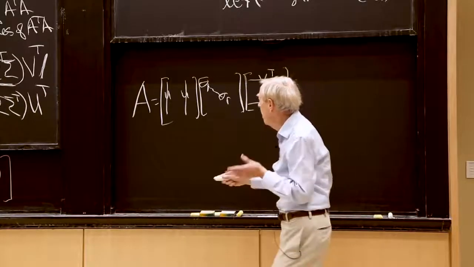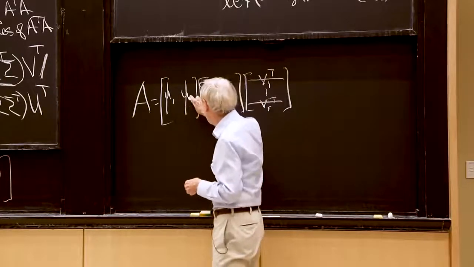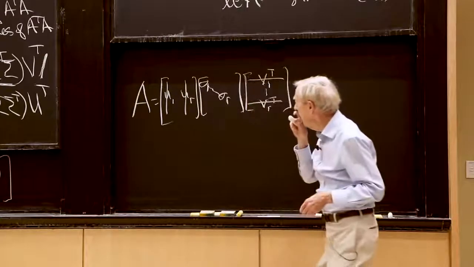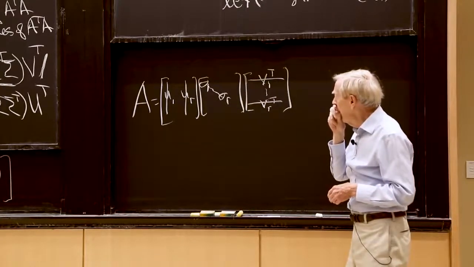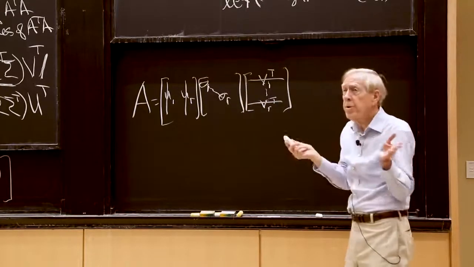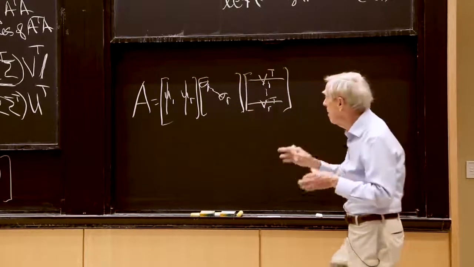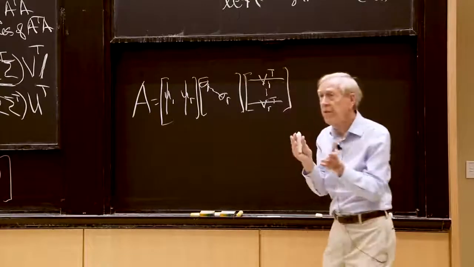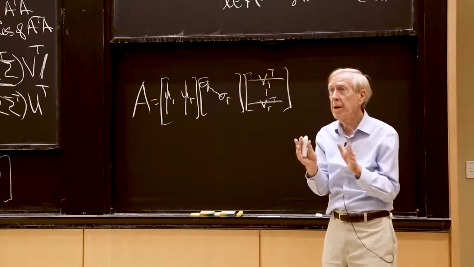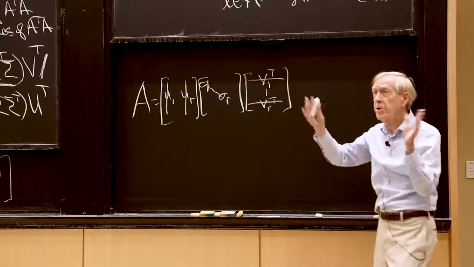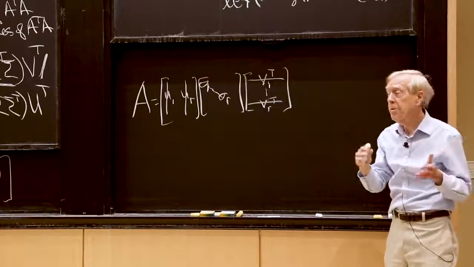What I've written here, you could say there's a big economy. There's a smaller size SVD that has the real stuff that really counts. And then there's a larger SVD that has a whole lot of zeros.